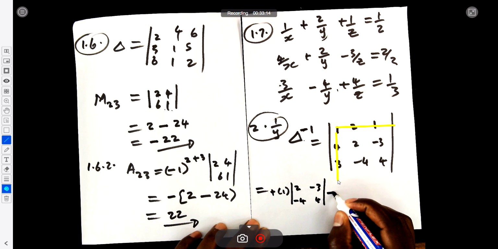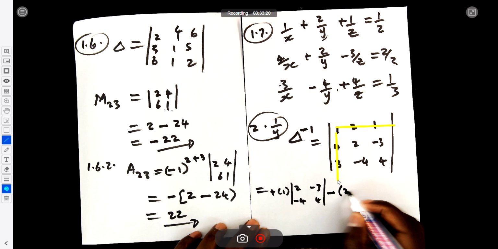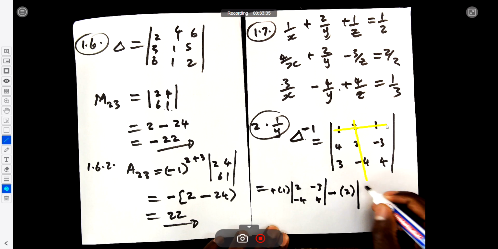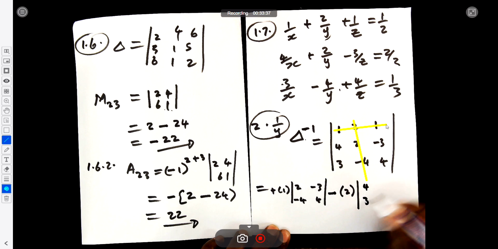The other one, the output from the cofactor, will be negative 1. Therefore, multiply by 2, the minor of 2 now. You eliminate horizontal and vertical. Or maybe some of you chose to go via the column evaluation. Still get the answer. So 4, 3, negative 3, 4.